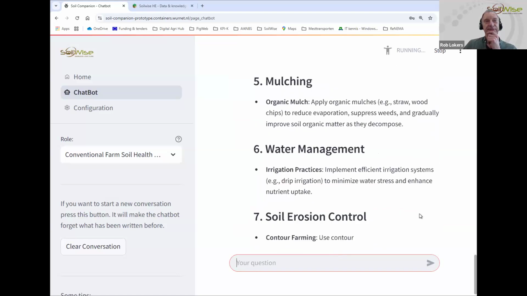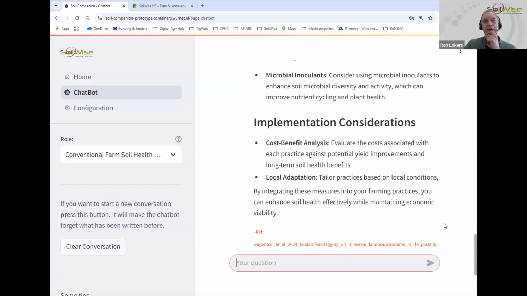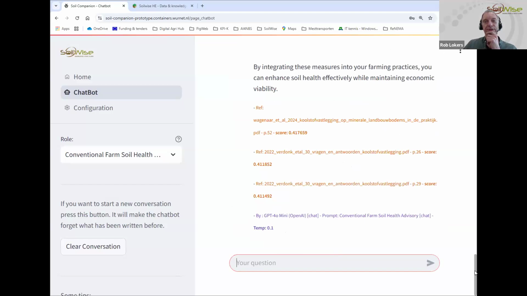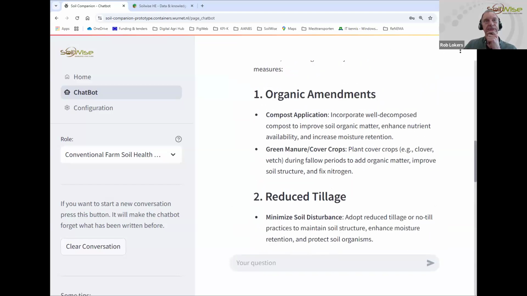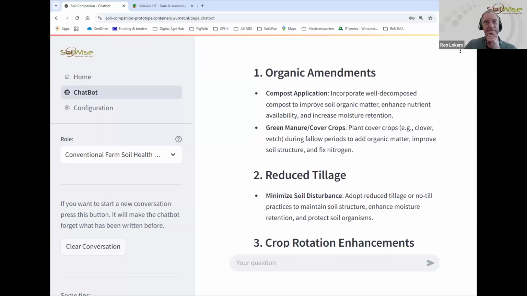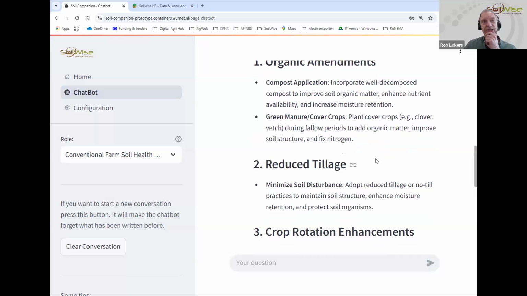And it starts reasoning, providing you a list of suggestions: compost application, green manure, and cover crops. I can imagine still quite generic.